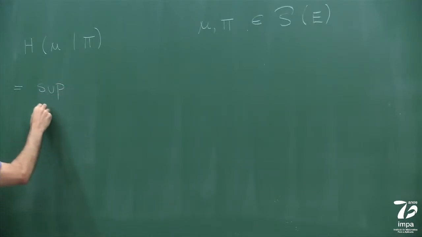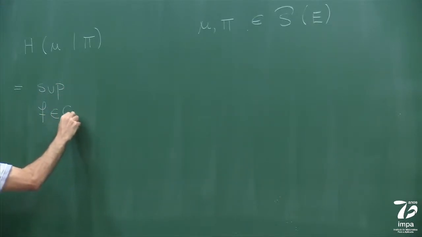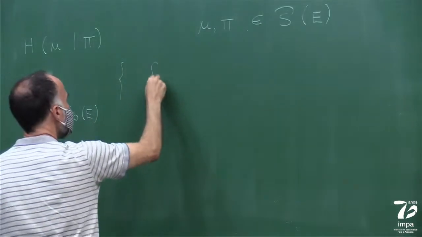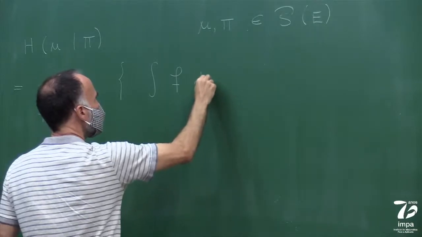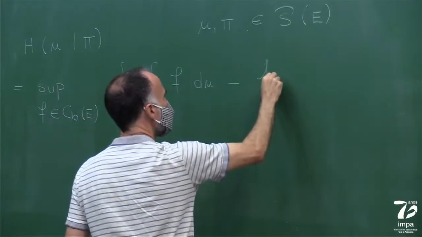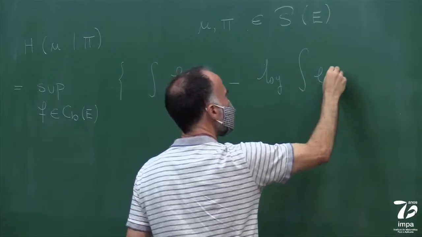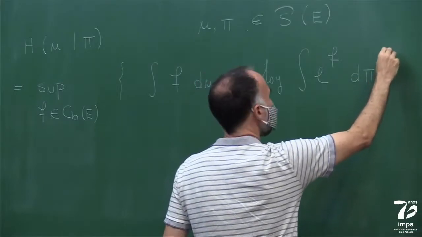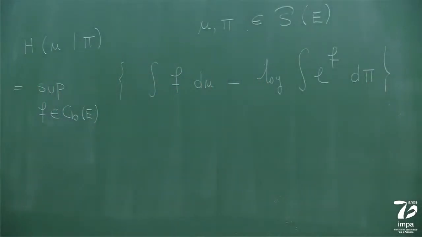So this is the supremum over all functions which are continuous and bounded on E. But since E here is a finite state space, all functions are continuous and bounded. So here it's a supremum over all functions f of the integral of f d mu minus the log of the expectation of the exponential of f d pi. Okay, so this is the definition of the relative entropy of mu with respect to pi.